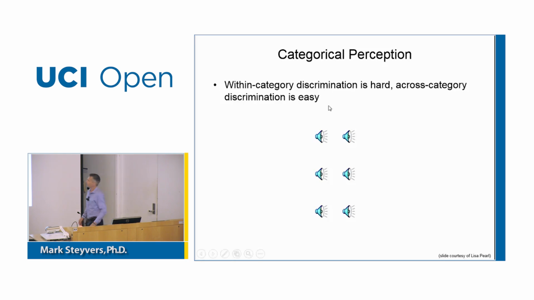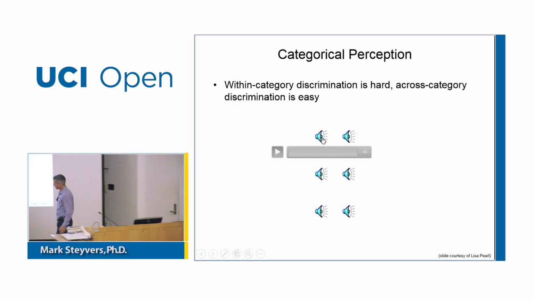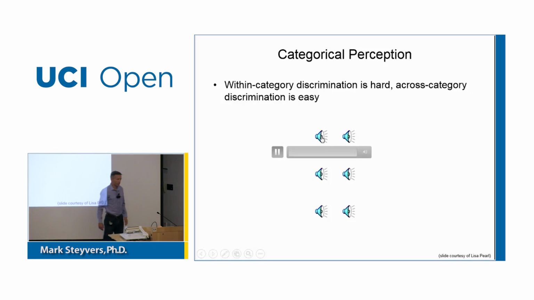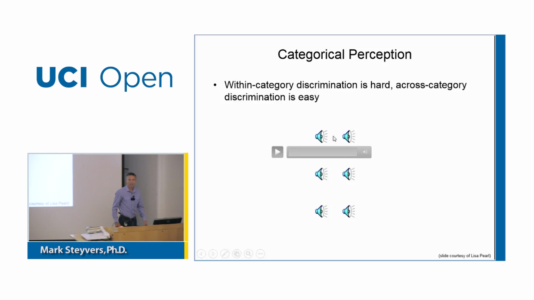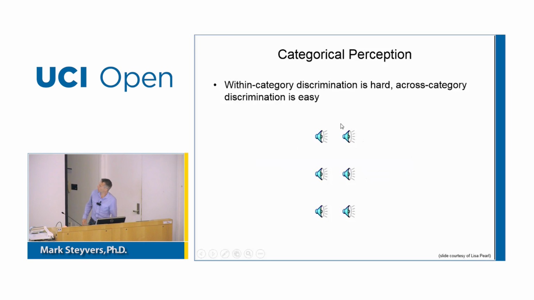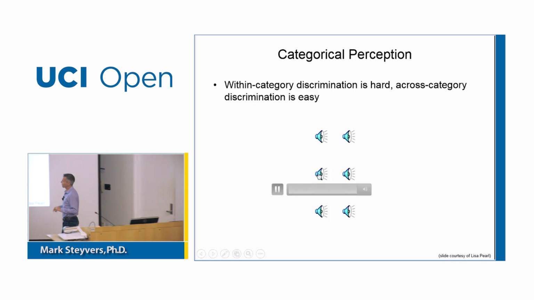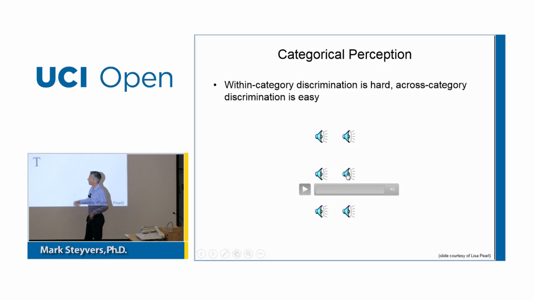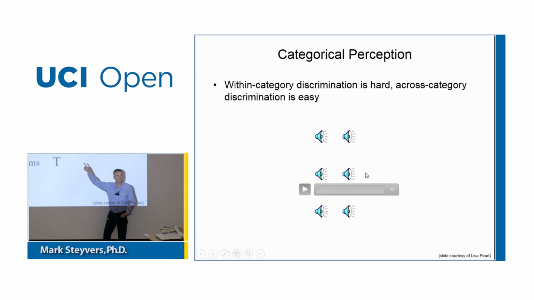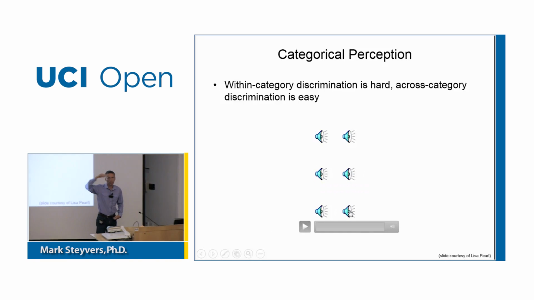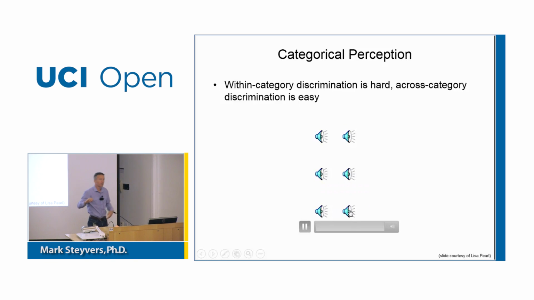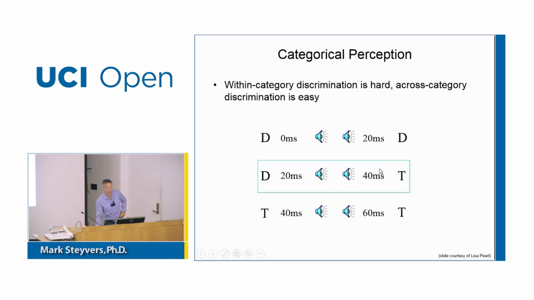If you do this in laboratory settings, that middle distinction is far easier to hear, because these were all different pairs, by the way. This one just straddles that categorization boundary between the da and the ta. This is just a 20 millisecond difference in voice onset time. But most people, when you do this in the lab, will hear that difference.